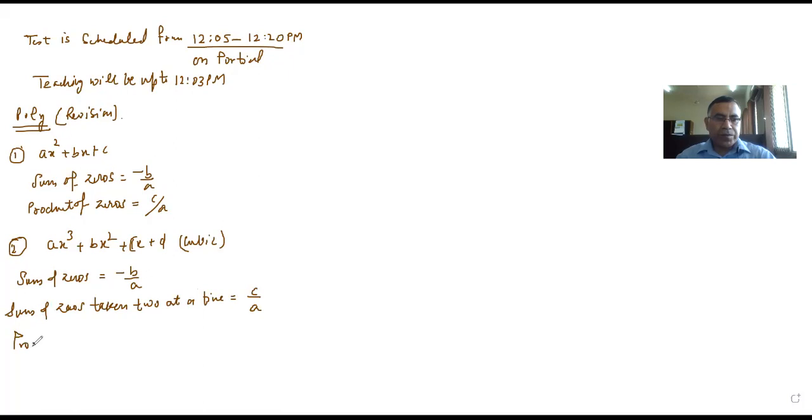Product of zeros is minus d upon a. Isn't it minus d upon a? Yes, this is minus. So one question I'm expecting on the basis of sum and product. So these formulas should be very clear to you.